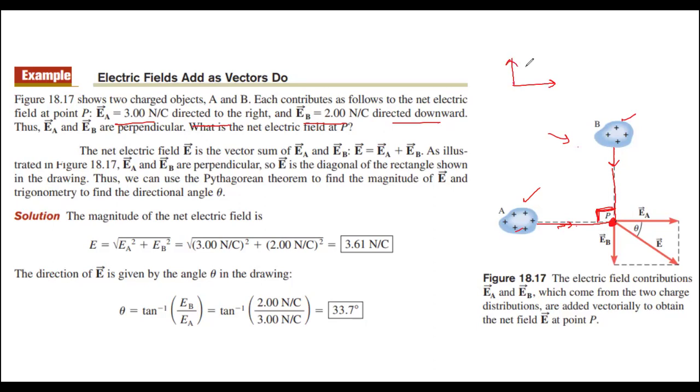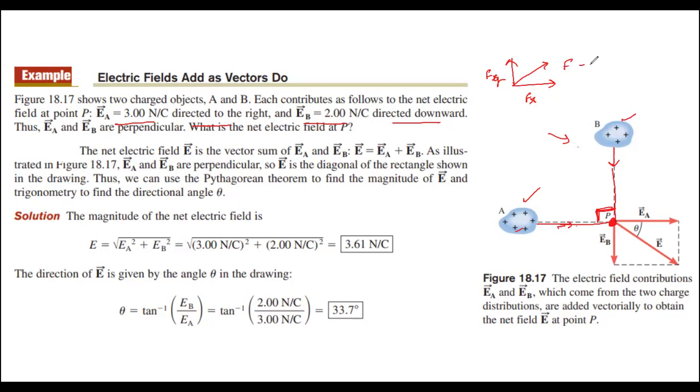You can check my previous tutorial on force on a point charge due to the presence of two or more point charges. There we solved this two-dimension question. Let's say you have F of x, you have F of y, and then you're looking for the resultant. How do you find the net force or the resultant force?